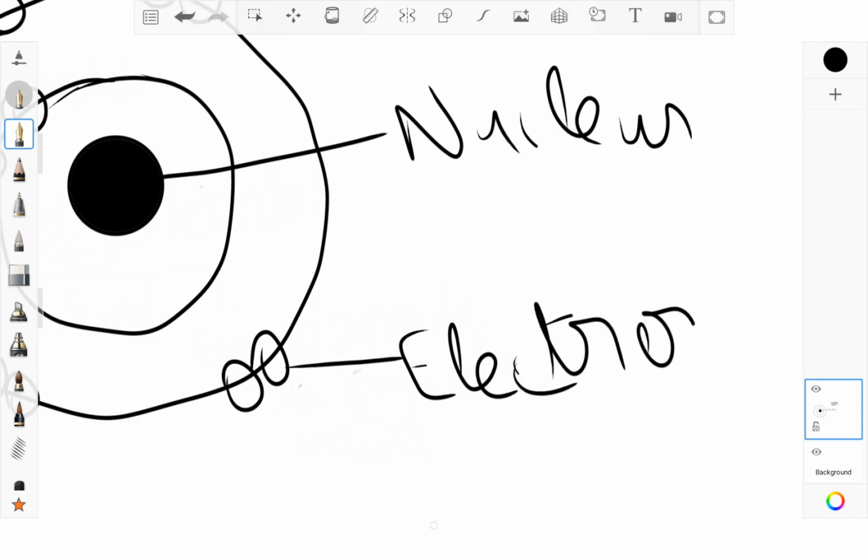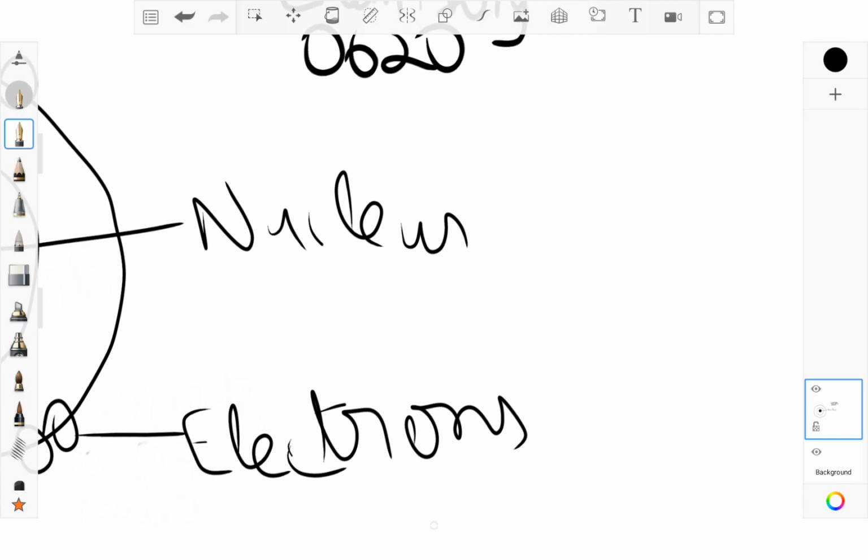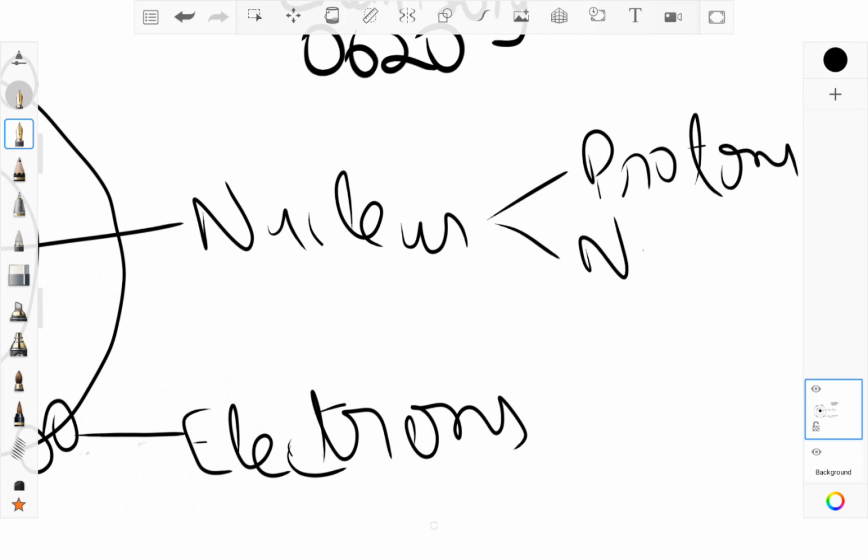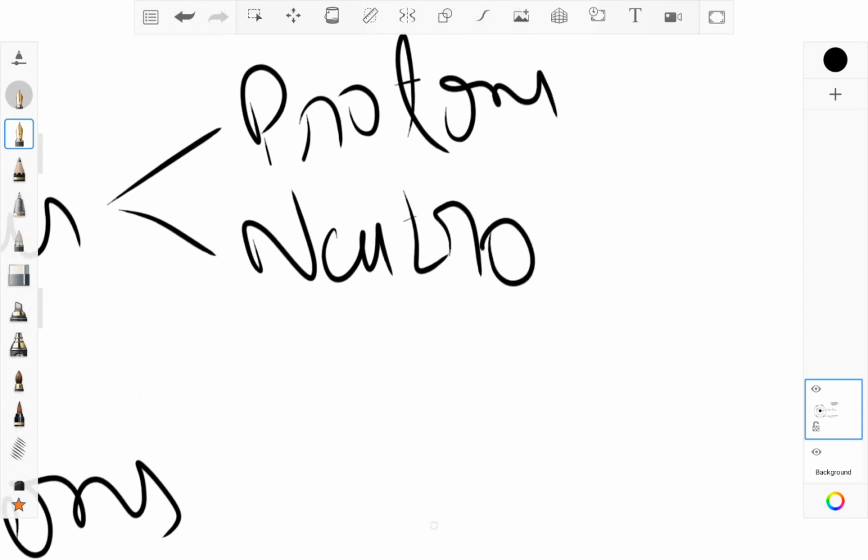The nucleus itself is composed of protons and neutrons. Again, this is basic stuff that we are all aware of.